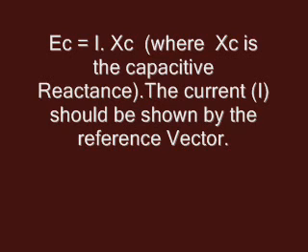EC is equal to I into XC, where XC is the capacitive reactance. The current I should be shown by the reference vector.